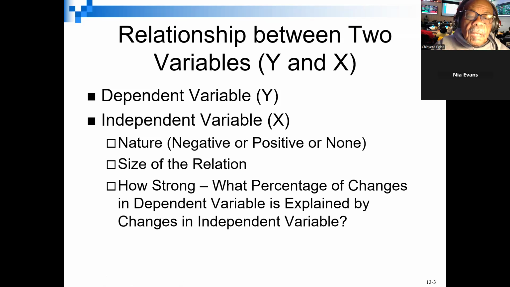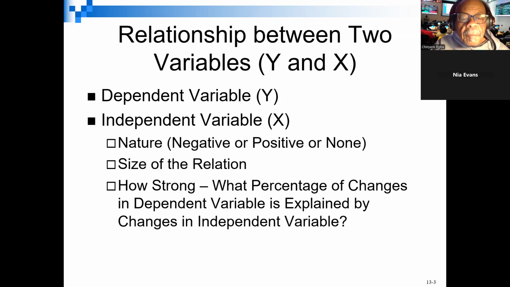That is the size of the relationship. The size is when the independent variable increases by 1, then the dependent variable changes by so much, maybe by 5, maybe by 6.